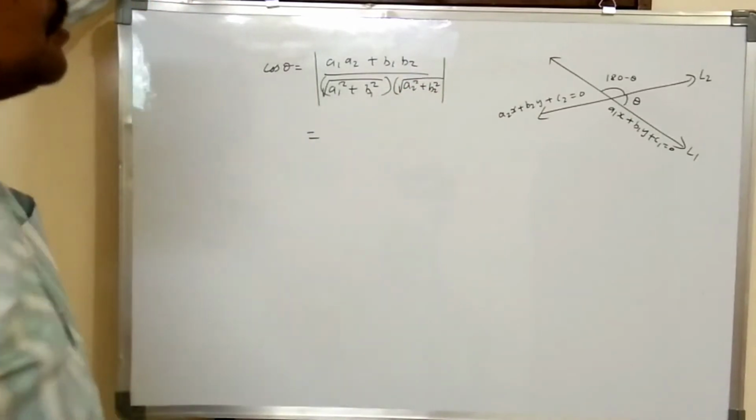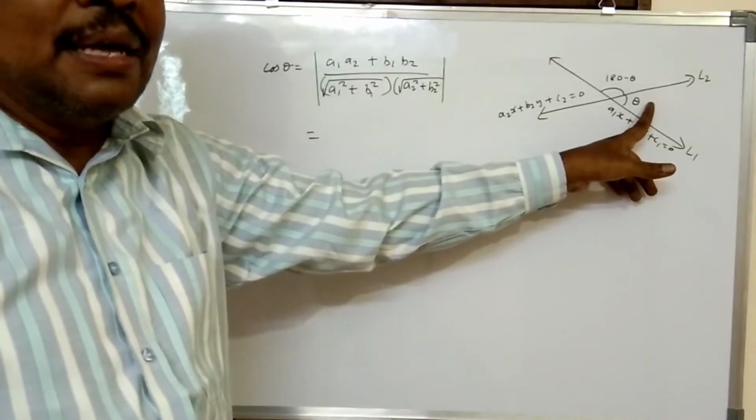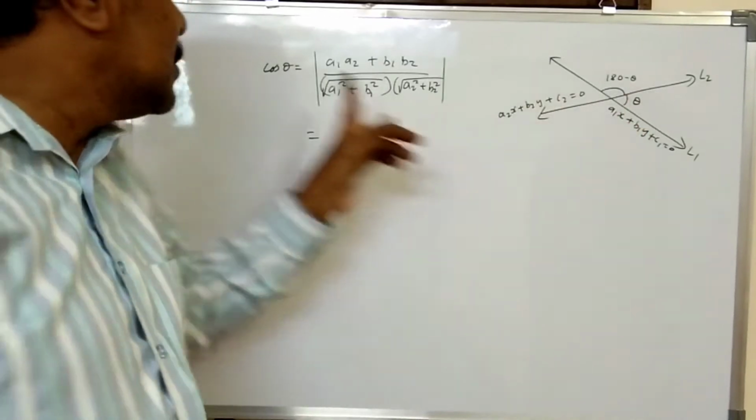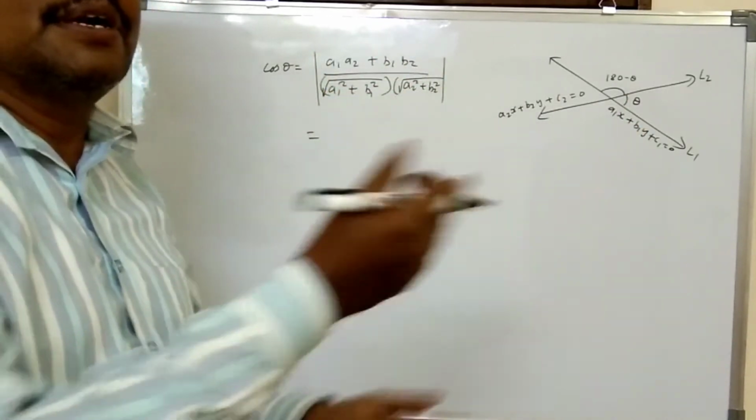Why am I keeping modulus? This angle cannot be negative, so it should be positive. Suppose if you get a negative value, that can be converted into positive.